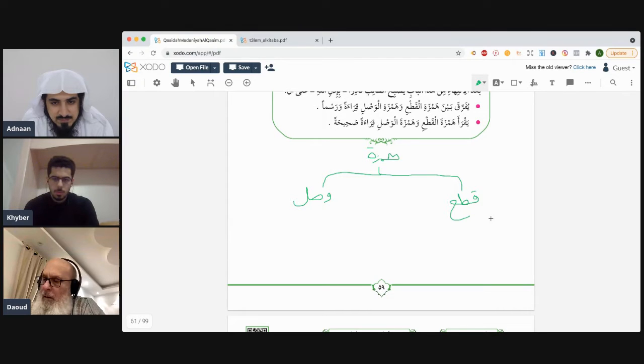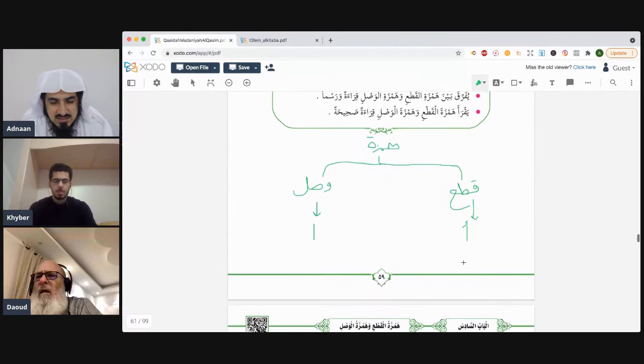Hamzatul Qata', we said that it's written with an Alif as well as a Hamza. And Wasl, we said that it's just a line.